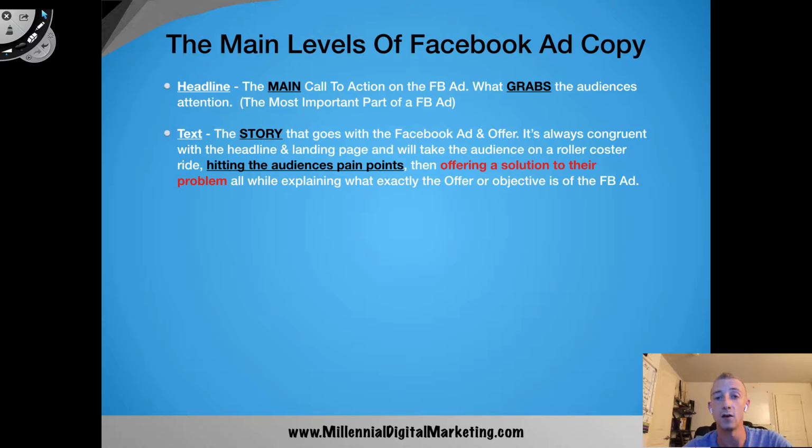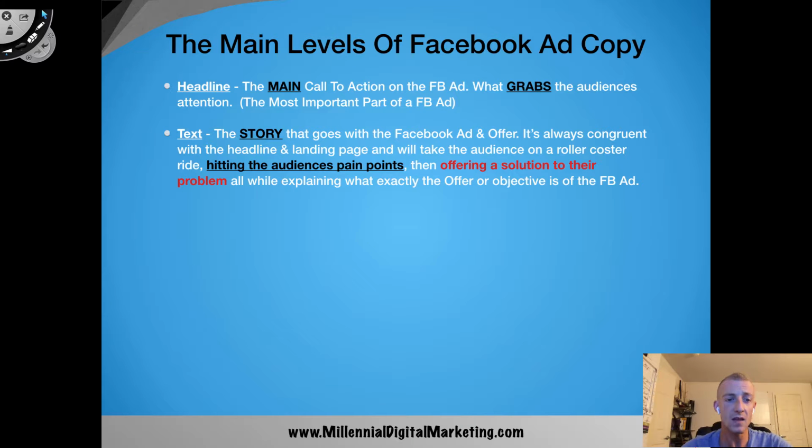Now, you guys might not understand this and relate to these things, but my audience could, and that's basically what I would do in the text of my ads: take them on this story and hit their pain points, then offer them a solution, that basically I went through that fixed my problem. So basically that is the text portion of it.